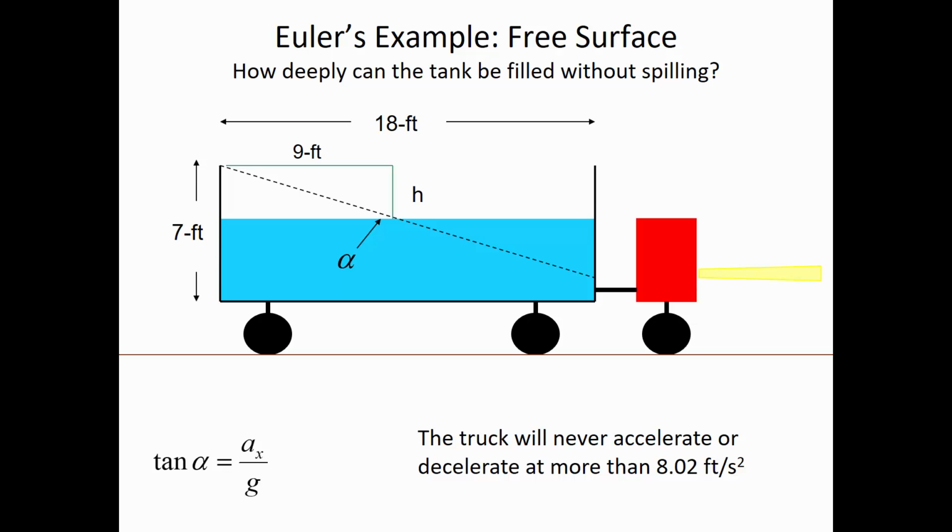So 9 feet multiplied by the tangent of 14 degrees, and the tangent of 14 degrees is 0.2493.